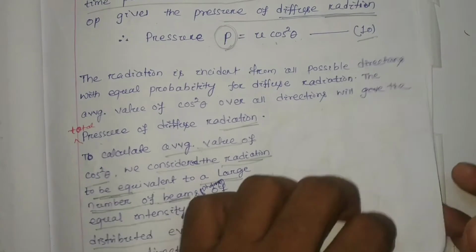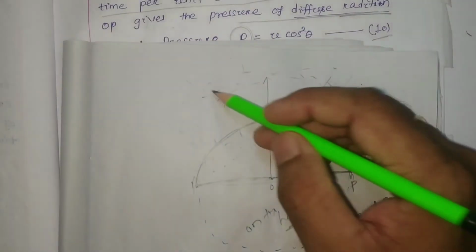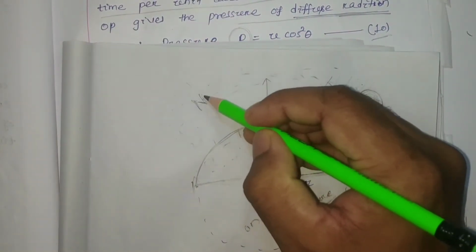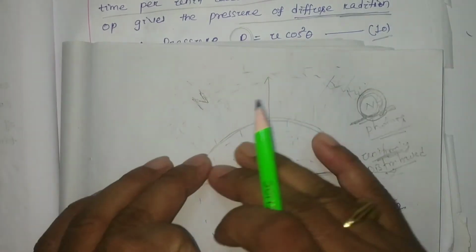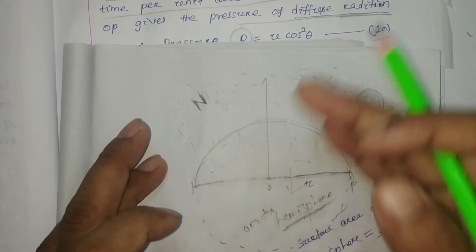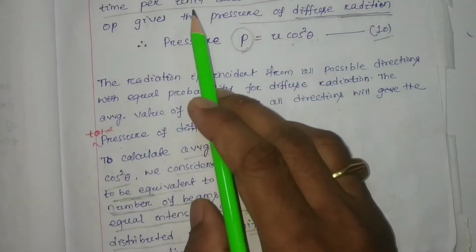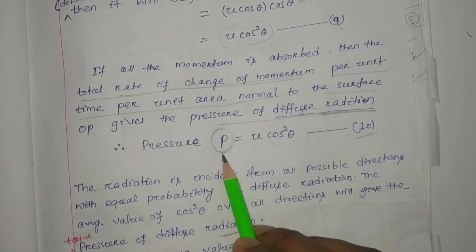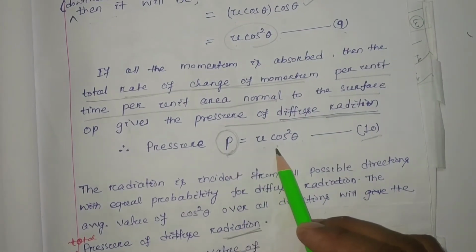So if we consider n beams or photons incident over this hemisphere, then the total rate of change of momentum will be P, and this will be u cos square theta, right?